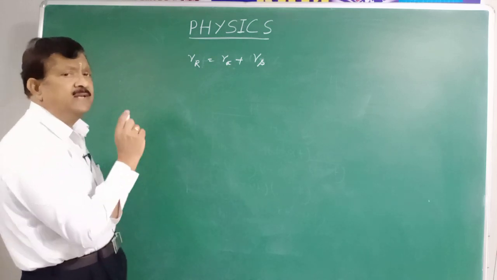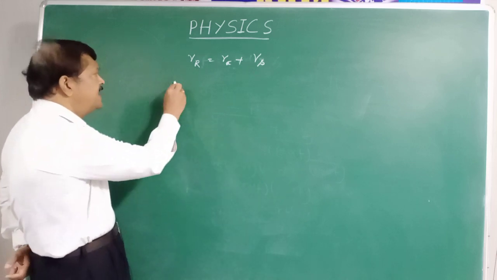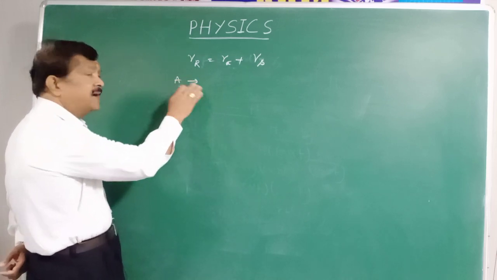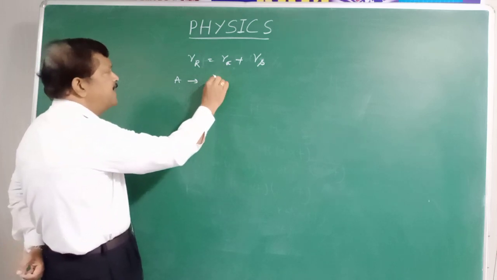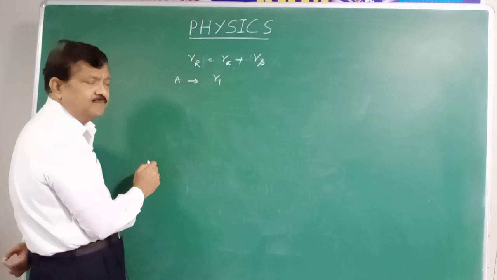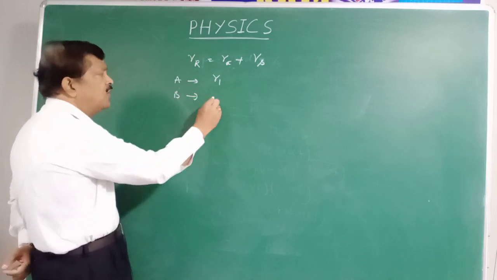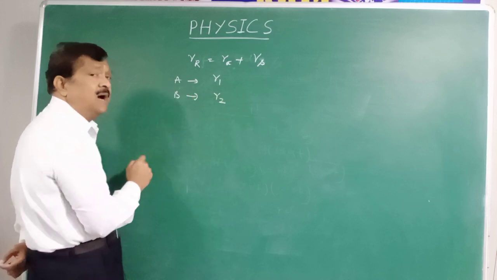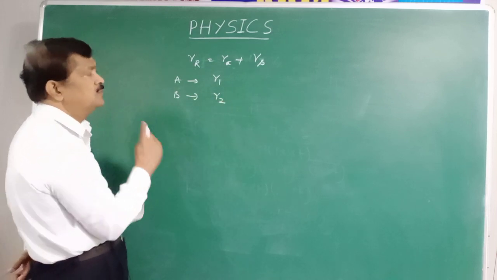Suppose there is a liquid in a container A, the coefficient of apparent expansion is gamma 1, and in another container for the same liquid, the coefficient of apparent expansion is gamma 2.